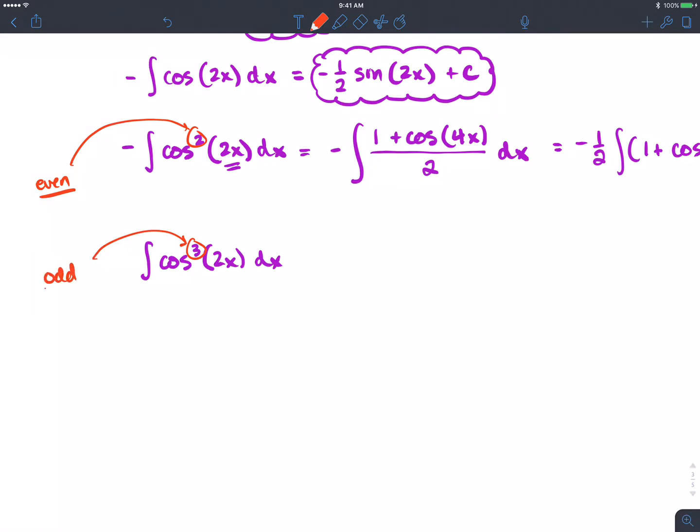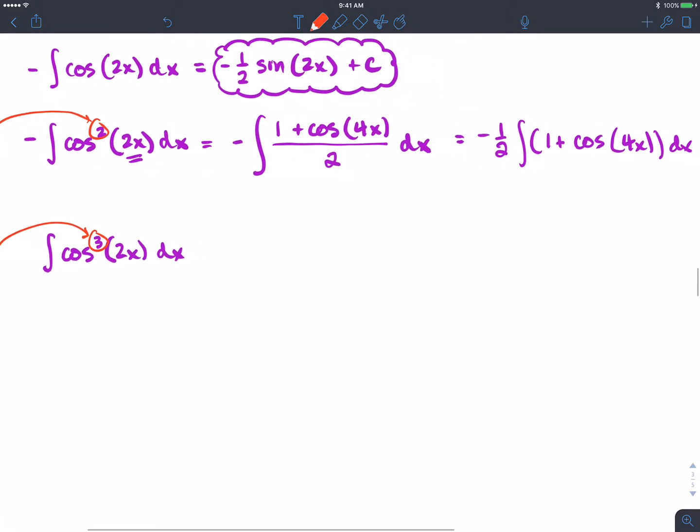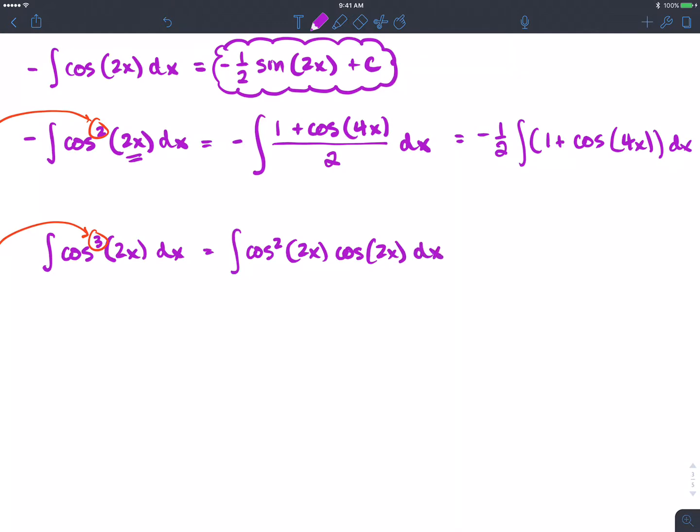So this is an odd power. So using the tip we had before, we're going to borrow 1 from the odd power and then set up our integral. So this is going to end up being the integral of cosine squared 2x times cosine of 2x dx.